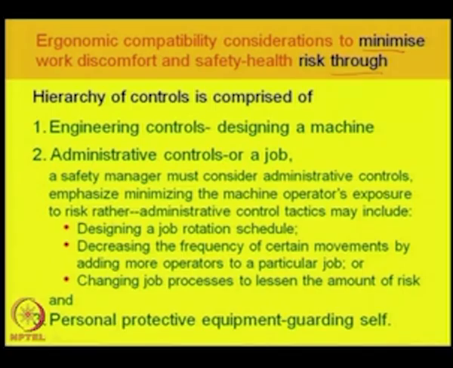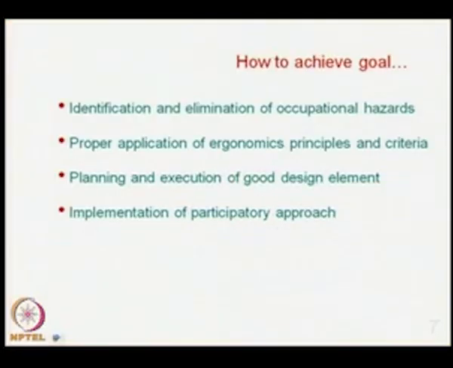Administrative control tactics may include designing a job rotation schedule, decreasing the frequency of certain movements by adding more operators to a particular job, or changing job processes to lessen the amount of risk, and number 3, the personal protective equipment, that is, guarding the self. Now, how to achieve this goal?